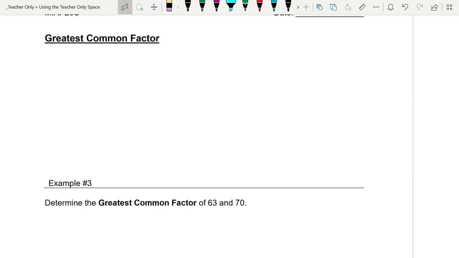You have seen this before, I'm sure. GCF, are you okay with that if I just start calling it GCF so I don't say greatest common factor over and over again?